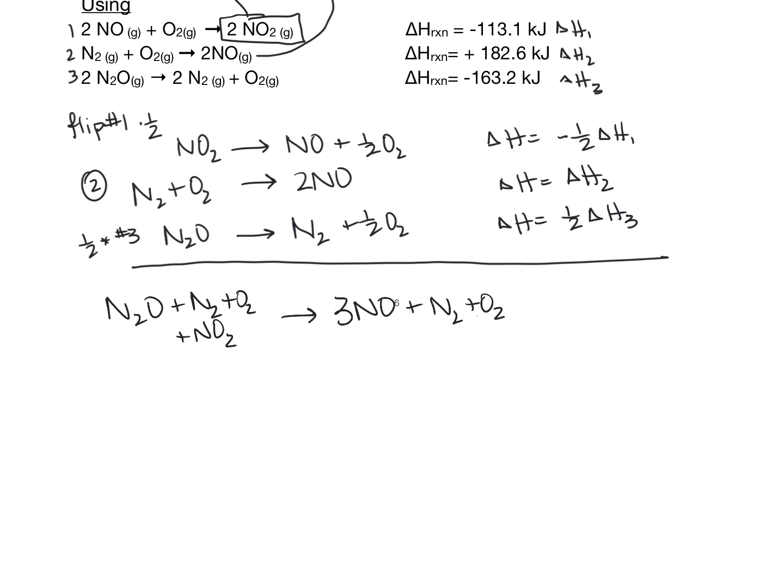So our oxygens are going to cancel, our N2s are going to cancel, so we're going to be left with N2O plus NO2, and that gives us 3NO. From here, we can total up the delta H reactions, so that's going to give us delta H equals 157.6 kilojoules.